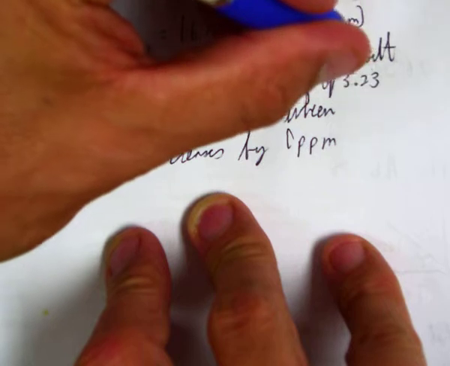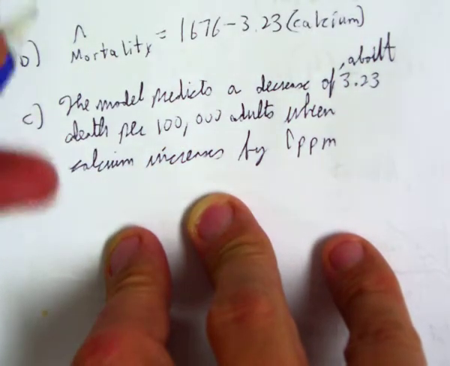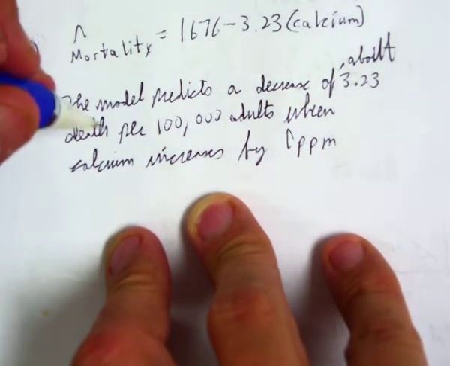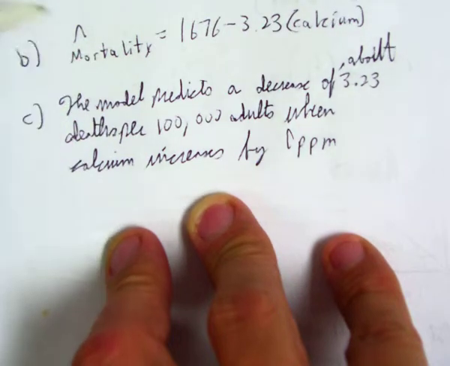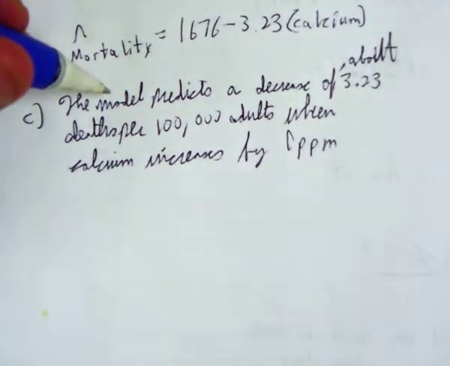And we should really have an "about" here. Okay, so the model predicts a decrease of about 3.23 deaths per 100,000 adults when calcium increases by 1 part per million.